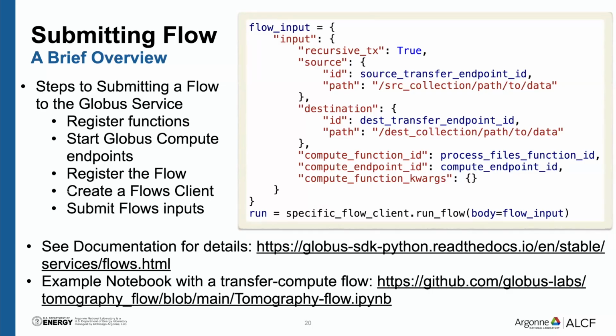Now, how you create the client can depend on what permissions you need to run your flow. So in the example we were seeing before with a transfer step and a compute step, you need to establish authentication with the transfer endpoints for the two Globus collections that do the transfer, and you need to establish authentication for the flow for the compute endpoint as well.